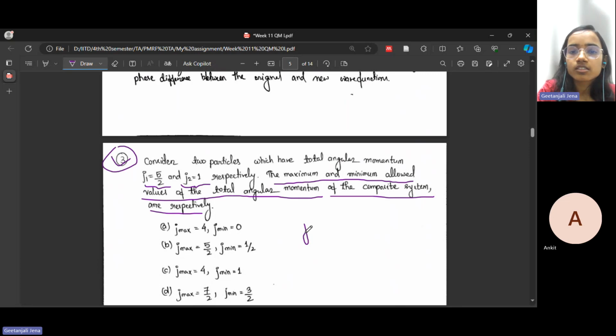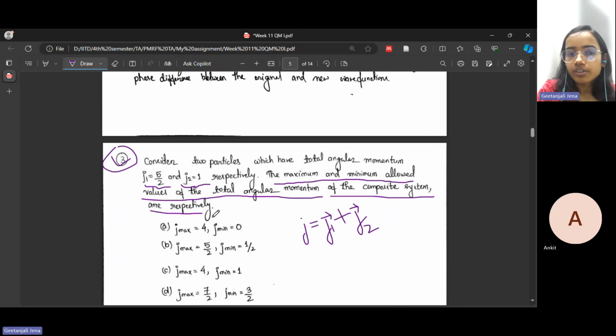So you know that this J acts vectorially, right? J equal to J1 plus J2. You do a vector addition for J1 and J2. So that means the maximum value of J will be J1 plus J2 and the minimum value of J will be the modulus of J1 minus J2.